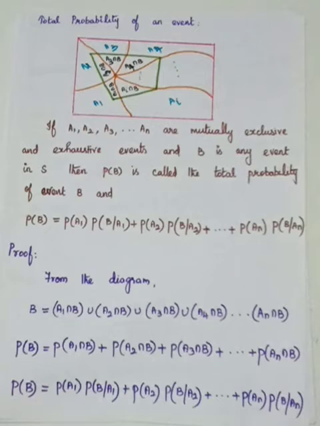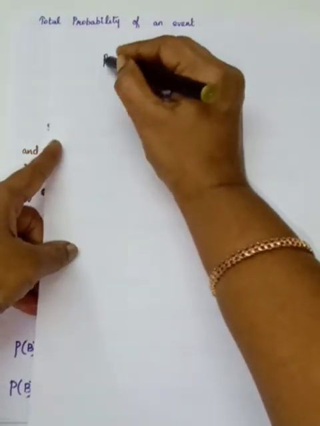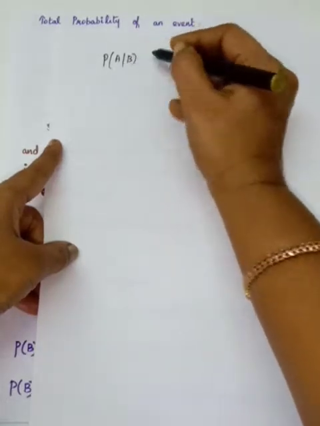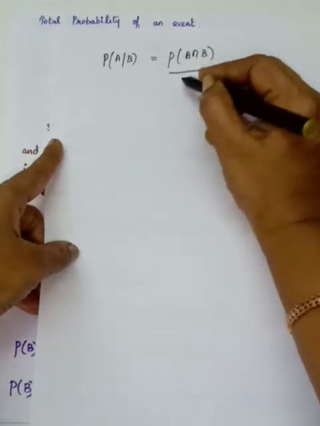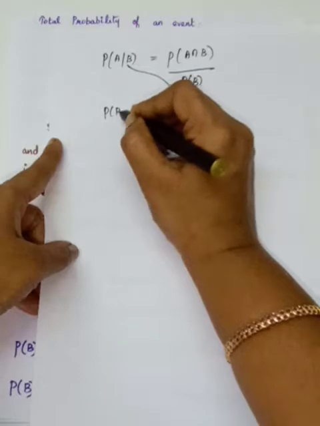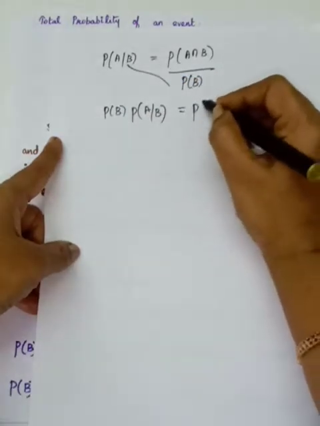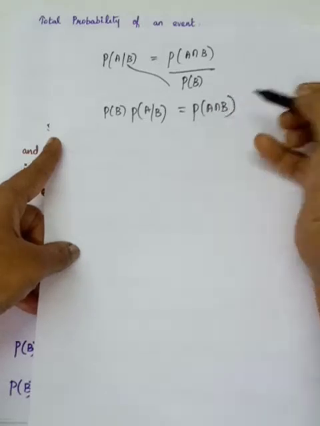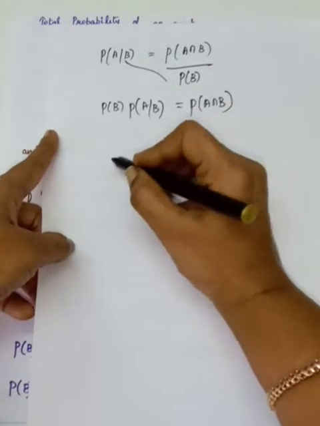Okay, so by the definition of conditional probability, we can write P of A by B as P of A intersection B divided by P of B. So if you multiply, P of B into P of A by B is equal to P of A intersection B. Otherwise, one more condition we can take.